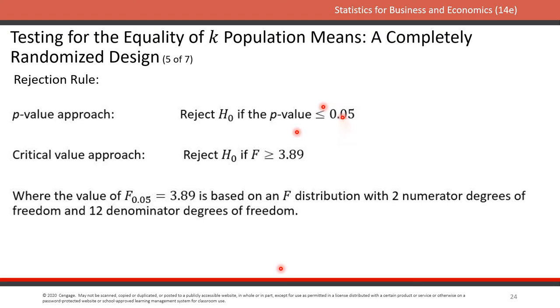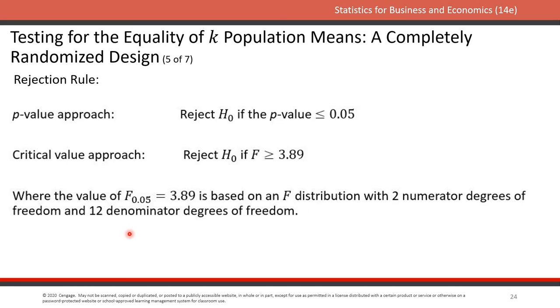All right, so for the p-value approach, again, we're looking for a p-value less than 0.05. For the F approach, we'd use the F distribution with k minus 1 as the numerator degrees of freedom. So remember, MSTR is on top, so we use the numerator degrees of freedom. And the denominator degrees of freedom, that's capital N minus k, or N sub t minus k.